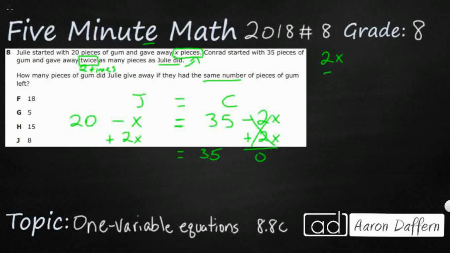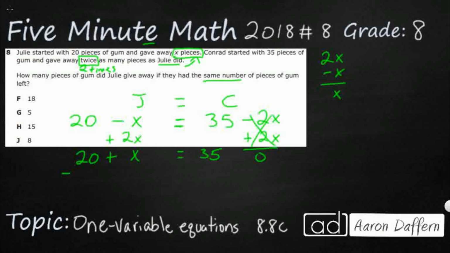And you could do 2x minus x. Well, 2x minus x is just going to leave me with x. So even though it was annoying, I'm just left with x. So when I get the constants on one side, I'm not even going to necessarily need to divide by anything. I have 20 plus x, because negative x plus 2x is just positive x, equals 35.